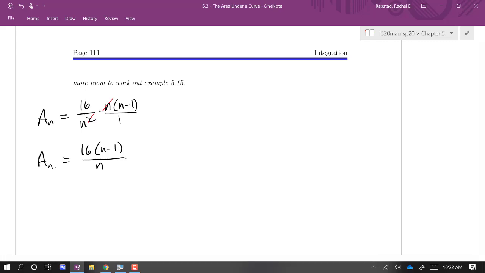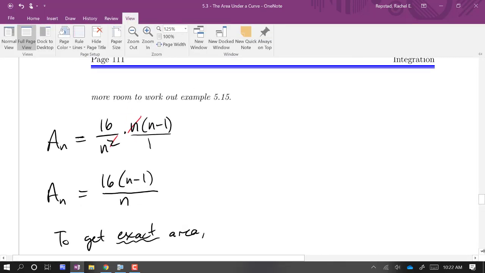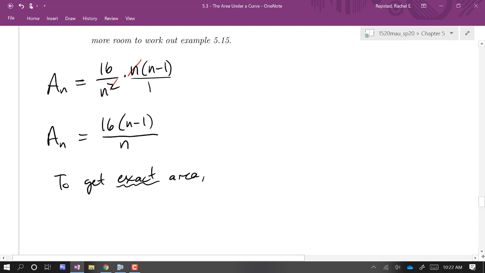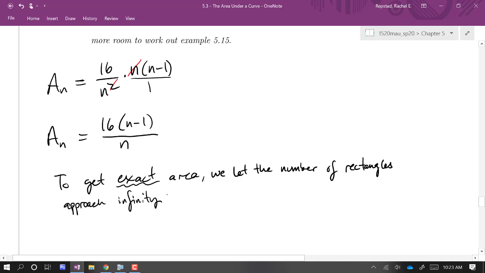So to get the exact area, we want to let the number of rectangles approach infinity. But we know how to do this.